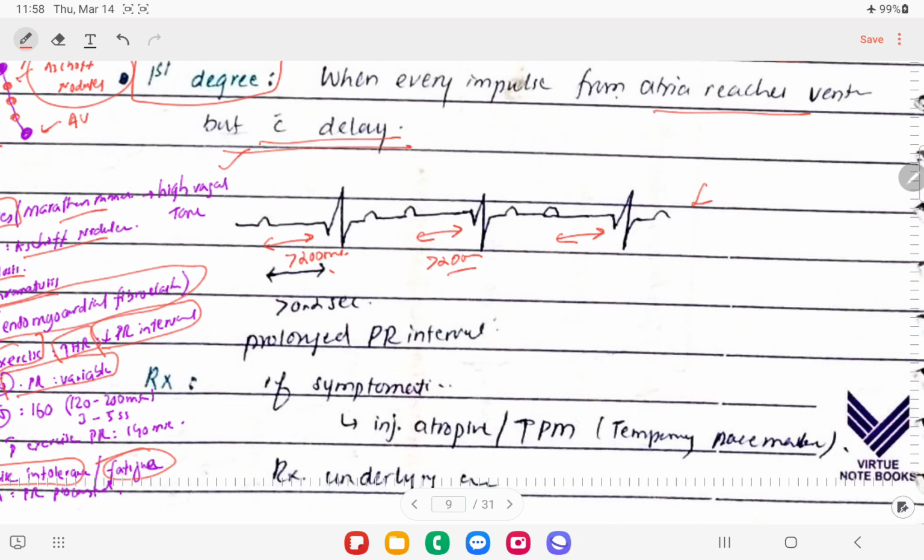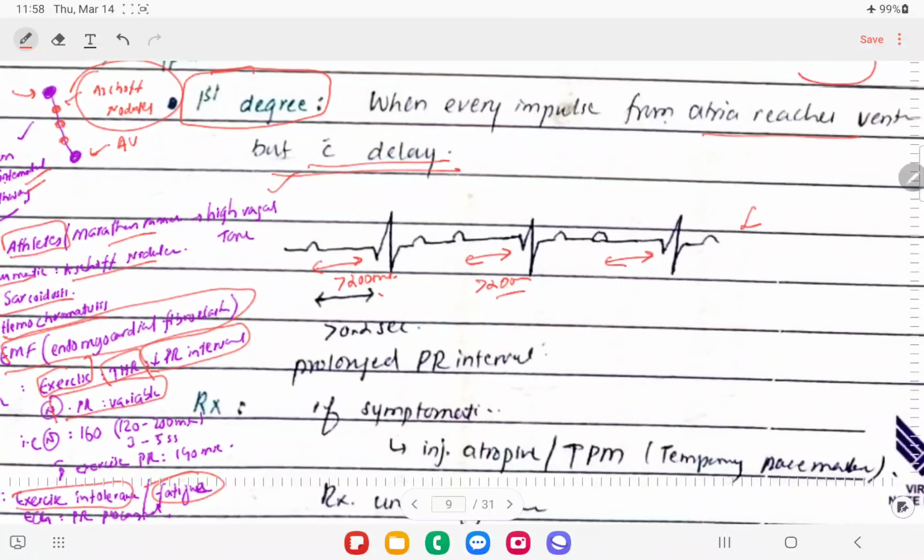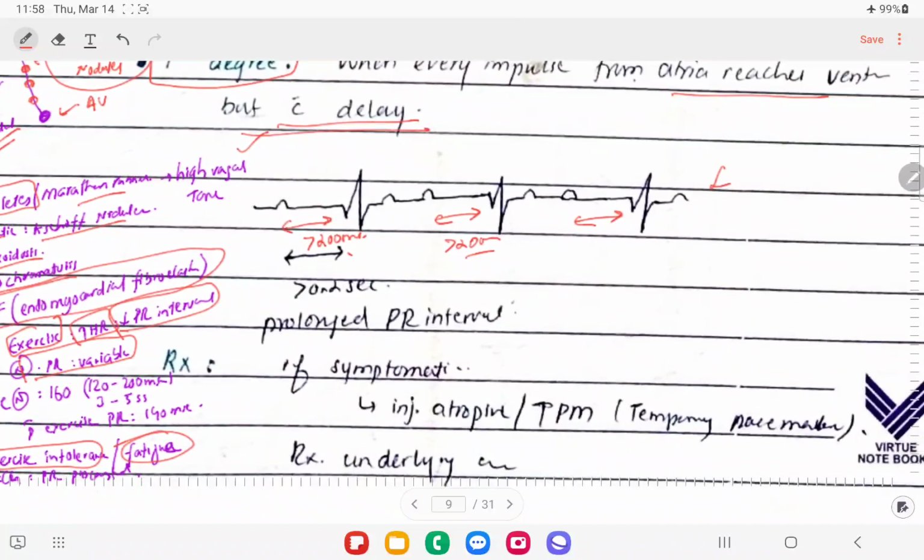So there will be a fixed block here. I have discussed the causes of that. The PR interval will be prolonged, but there won't be any dropped QRS.